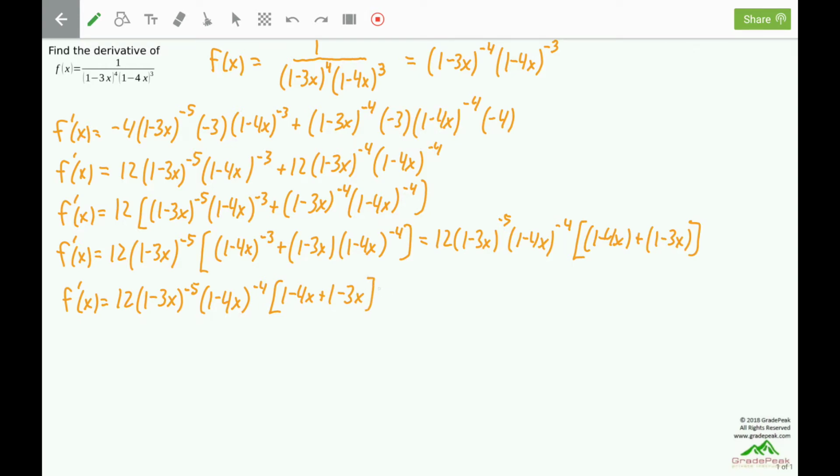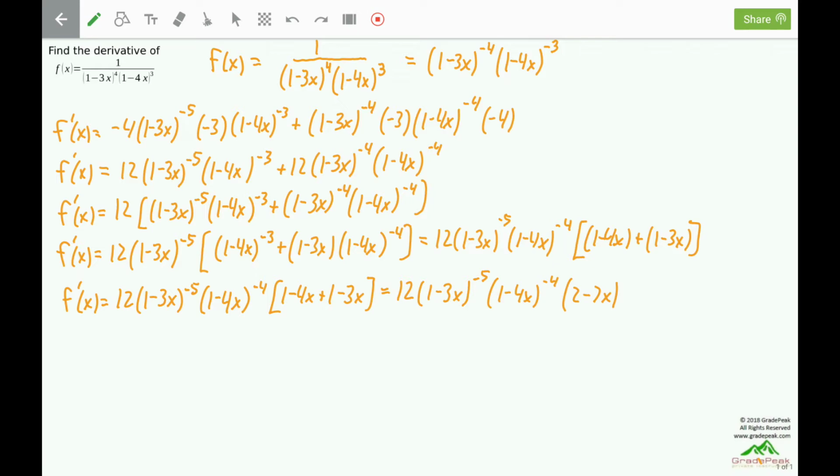We can combine like terms together there, so 12 times 1 minus 3x to the negative 5 times 1 minus 4x to the negative 4. And inside the square brackets, adding like terms, 1 plus 1 is a 2, and then minus 4x and minus 3x is a negative 7x.